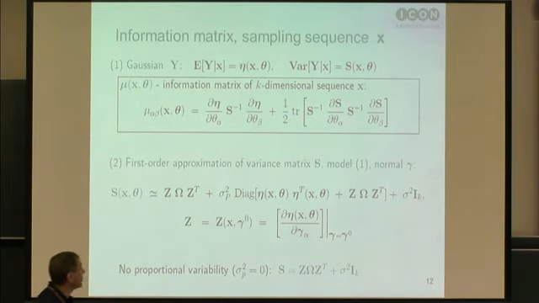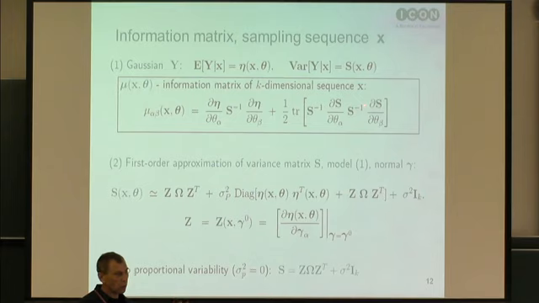We know that we don't have normality for our data, but we know about the existence of this magic formula for the information matrix for normal vectors. So what if we just use this formula, knowing that it's an approximation, calculate the approximate information matrix according to this formula, then do design and see how it works in practice.